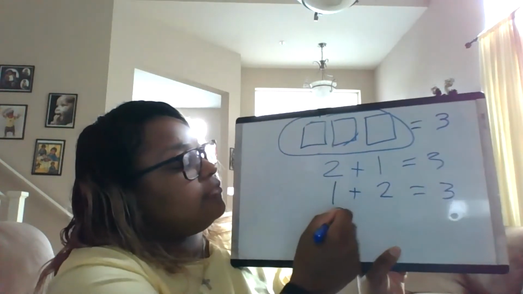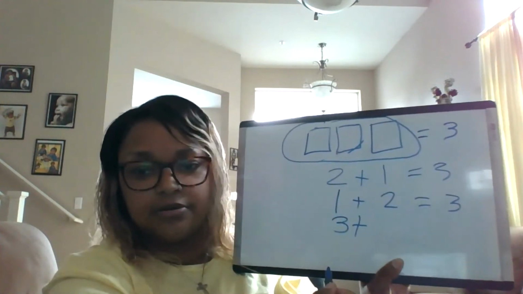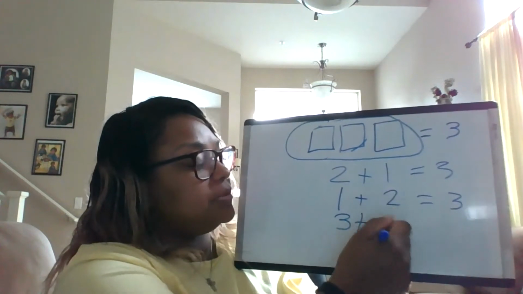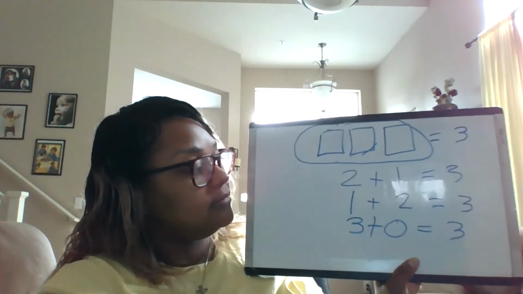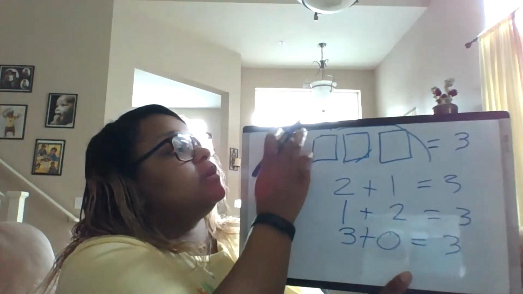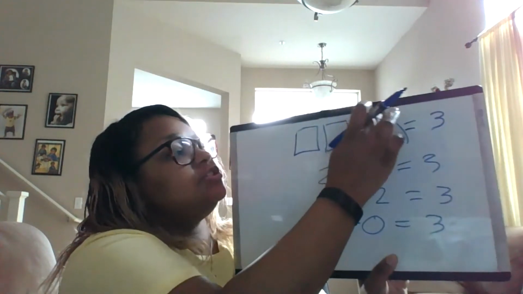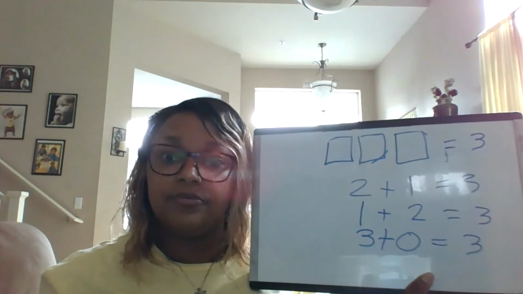Then we have 3 plus, how many are outside the circle? None. So 3 plus 0 equals 3. Okay? And we can't circle it any other way. Okay? So I just showed you 3 different ways that I can make 3.